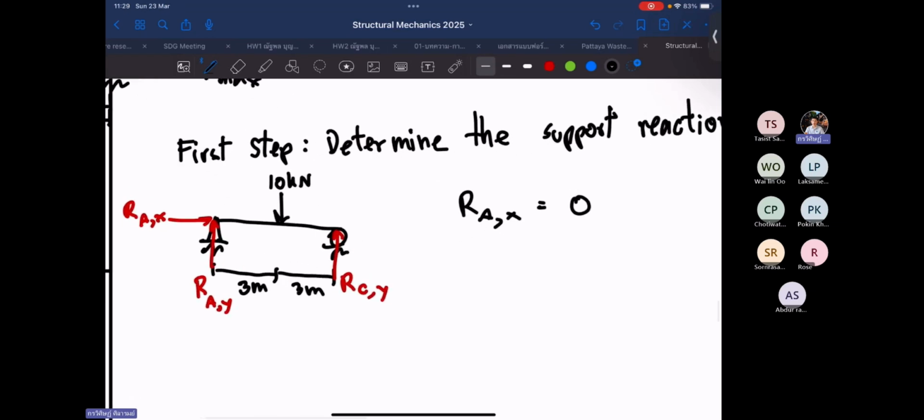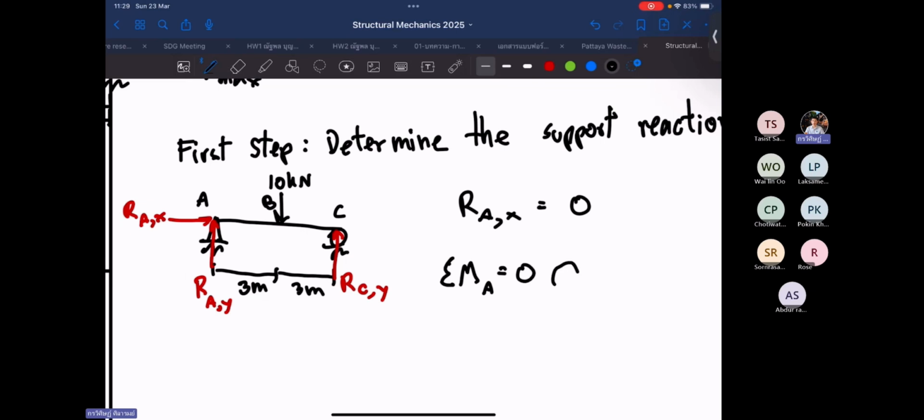This one is A, B, C. You can determine whether RAY first or RCY first, it is okay. For me, I will determine the RCY first. So summation of moment at point A must be equal to 0.